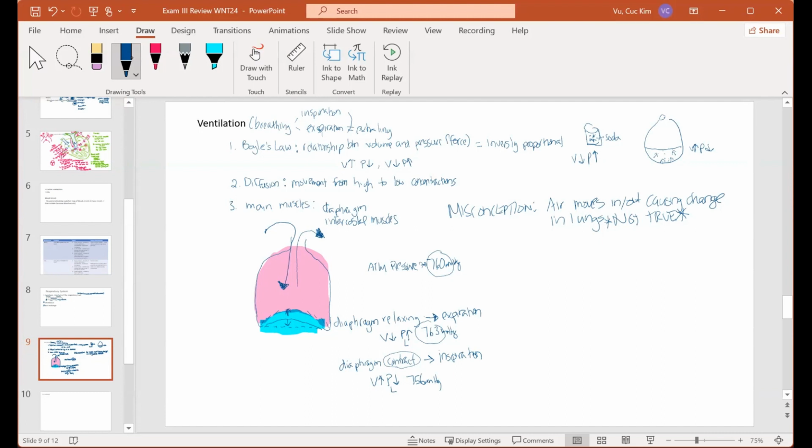So that's why you have to have a change in the muscles first, and then that causes a change in the volume and pressure. And then it follows diffusion to move the air in or out of the lungs. Okay. Questions?